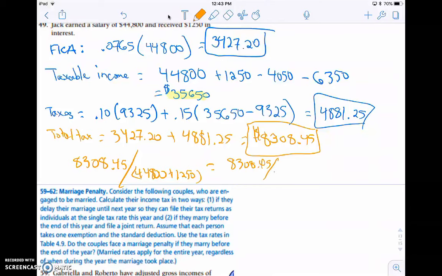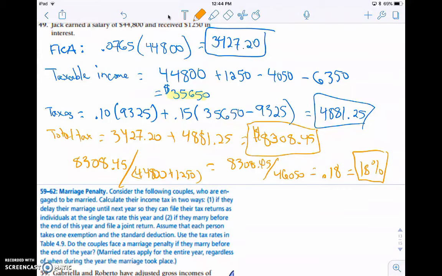When I add those two numbers, I get 46,050, and that's about 0.18 or 18%. So for Jack, 18% of his gross income goes to taxes in this given year, based off of the parameters of 2017 that we have.